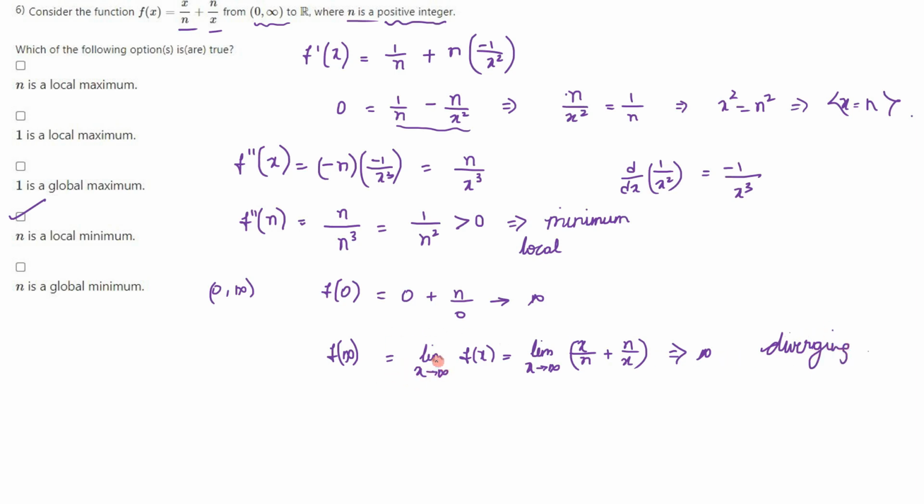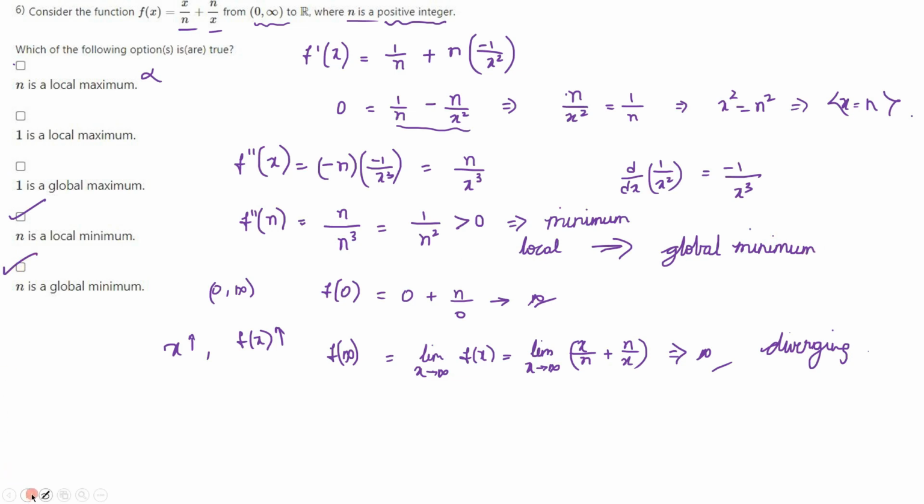It means that as the x value goes on increasing, f of x value also increases. So we cannot say that n is the local maximum. At 0 as well as at infinity, the value is larger, right? So we can say that in the given interval, n is also a global minimum, right? So n is a global minimum.